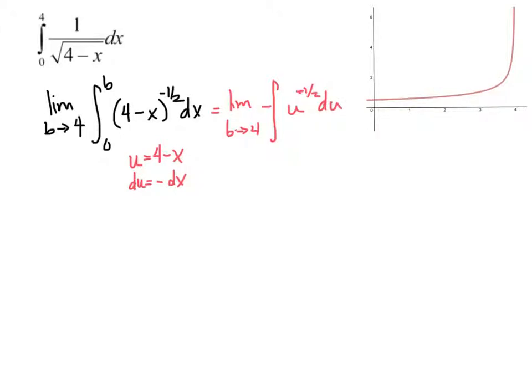Now, to change the bounds, remember we always just plug in the old bounds. Well, this is a little weird because it comes out to be 4 minus b. The bottom bound is 4 minus 0, so it's just 4.